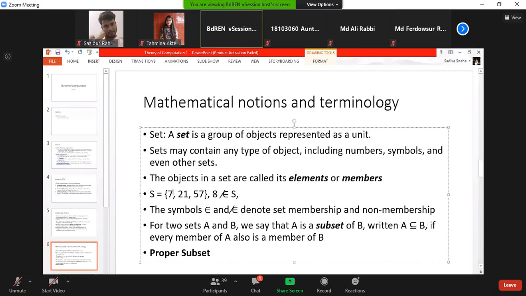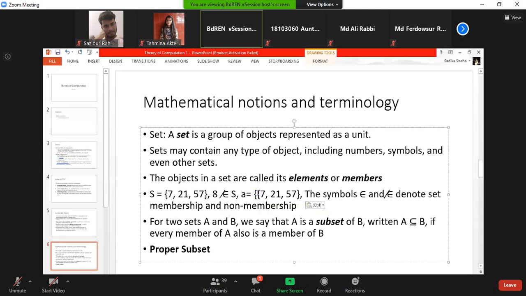That means 7, 21, 57 together will also be a subset of S. This entire thing will also be a subset of S.